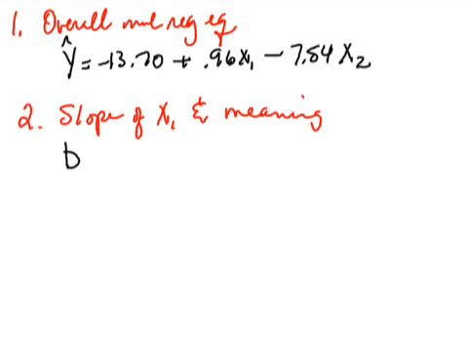The slope of x1, which we label b sub 1, is 0.96. Now let's answer what it means, particularly in terms of this problem.